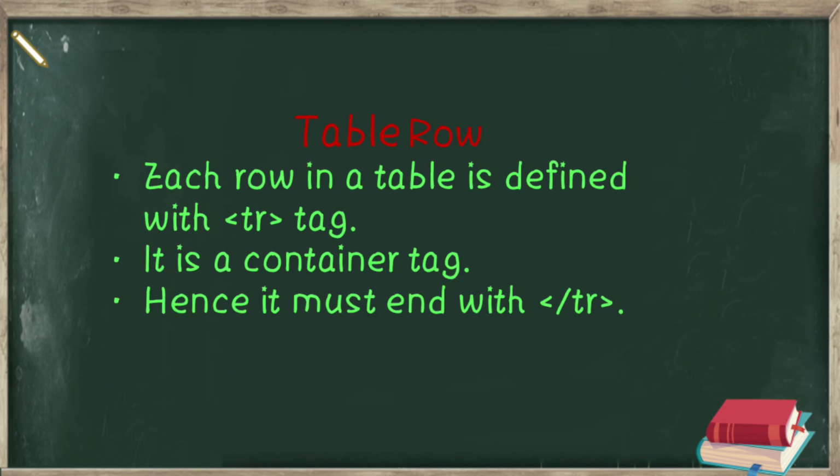Okay, next, table row. We have discussed that a table includes rows and columns, right? But in the HTML coding of a table, we won't have a column tag. We will only have table rows, children. Rows will be considered in terms of columns.